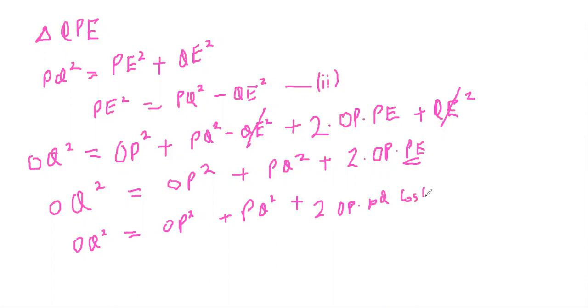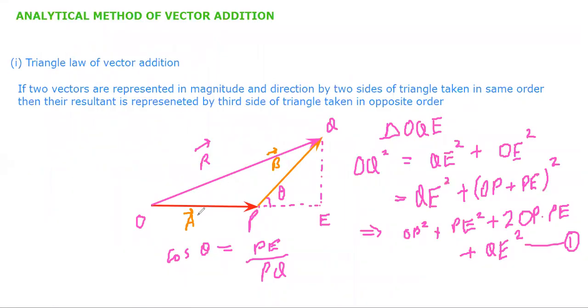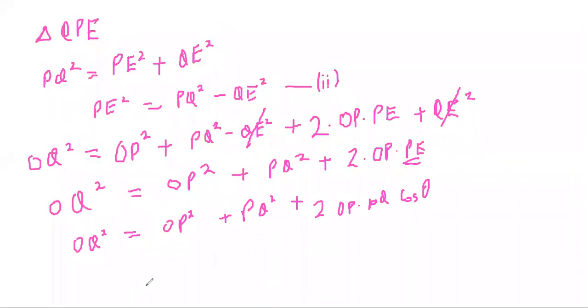What are the values of OQ, OP and PQ? OQ is the R vector, OP is the A vector, and PQ is the B vector. So if you substitute these values, you get R square is equal to A square plus B square plus 2AB cos theta.